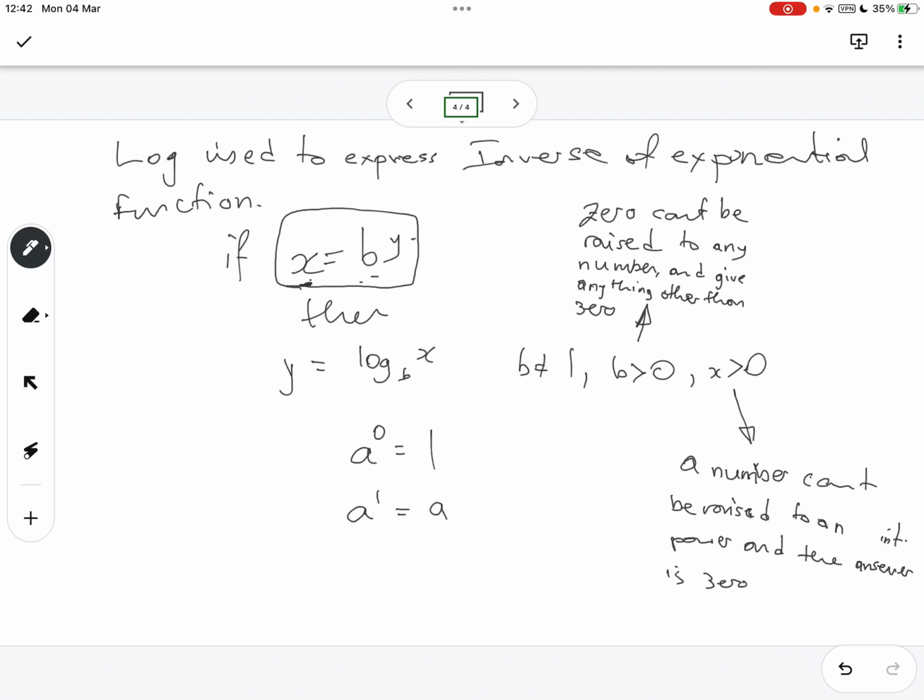Yeah, so let's say x is 0. No, x can't be 0.